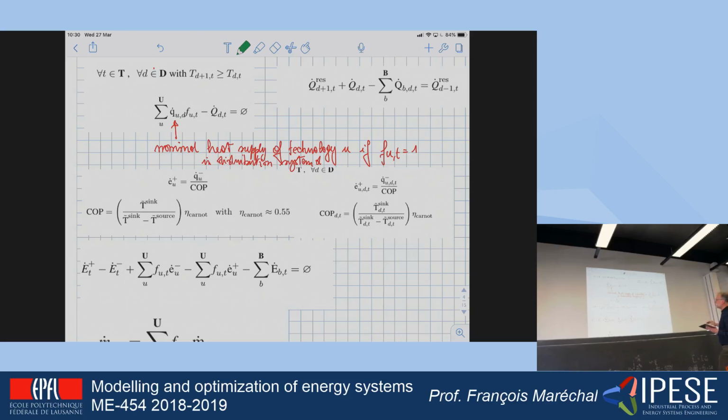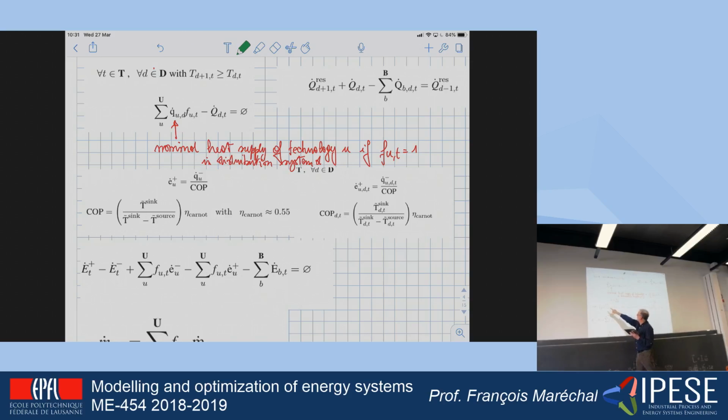So knowing that, I have the equations that make the links between the heat that is supplied and the electricity that is consumed, and this is calculated for the moment by a simplifying equation that is based on the calculation of the theoretical COP, which is here with temperatures in Kelvin, don't forget. Okay?